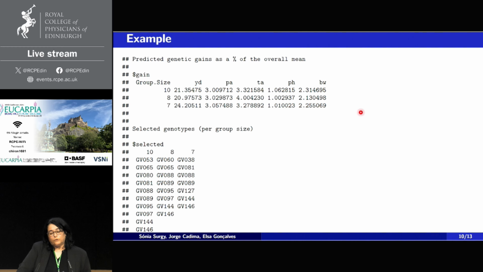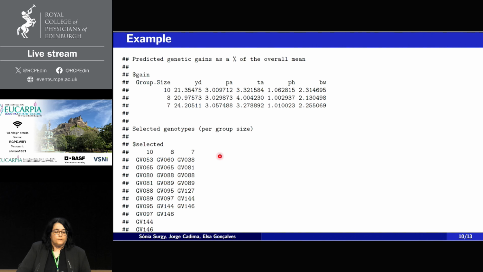Another important note is that in this output, all the positive values are values according to the selection criteria. Thus, the values of 1 and around 2% for pH and berry weight are, in fact, decreases obtained by this group because that was the initial criteria.